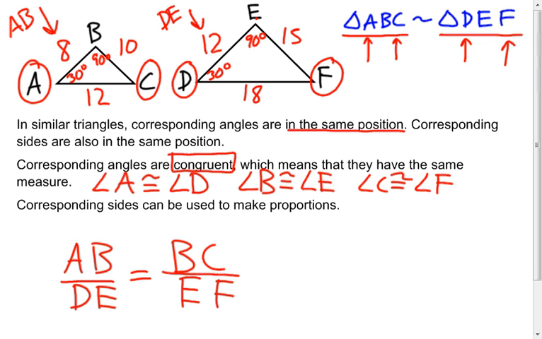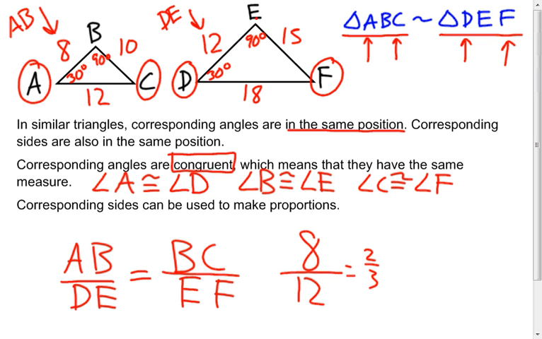Okay? What that means is, if I plug in these numbers, AB is 8, DE is 12, and if I simplify that, I would get 2/3. Now, let's look at the fraction BC over EF.